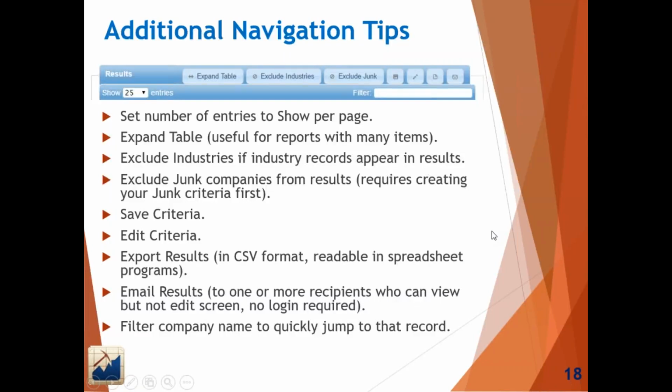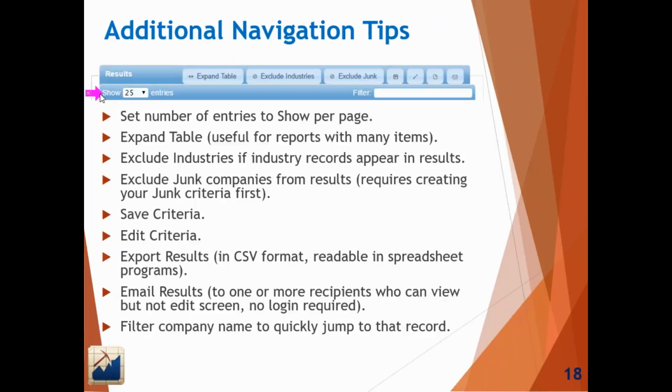Now, some additional navigation tips. Across the top of the screen in the results header there are a couple of options. You can set the results to display up to 100 companies. It defaults to 10, but it's your preference if you'd rather see 10, 25, 50, or 100 at a time and scroll the program up and down on your monitor.